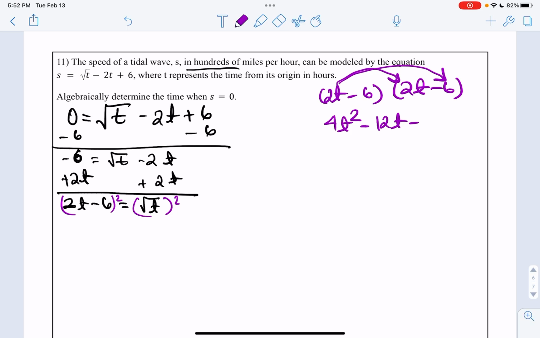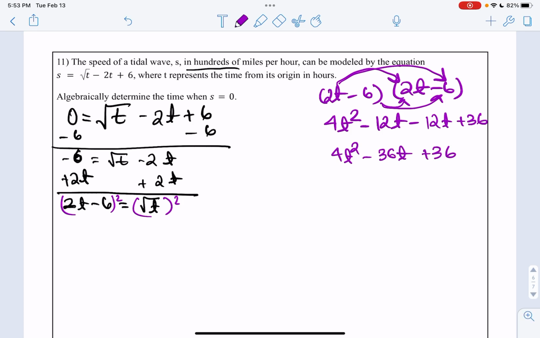I'm rushing, I need to slow down. That's where I'm making the mistakes. Okay, then we have minus 12t again, and then we have plus 36.